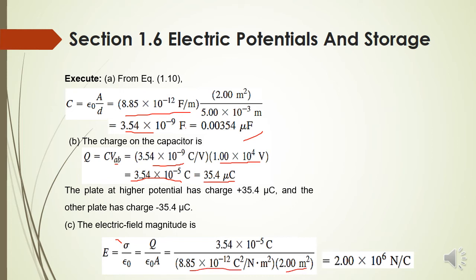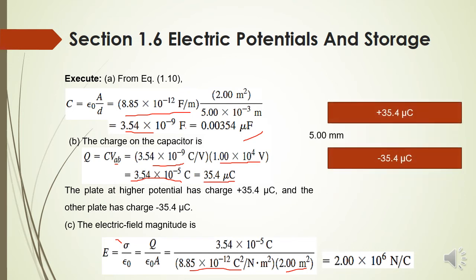Now the electric field magnitude is equal to 2 times 10 to the positive 6 newton per coulomb. That's the representation of the two plates of the capacitor.